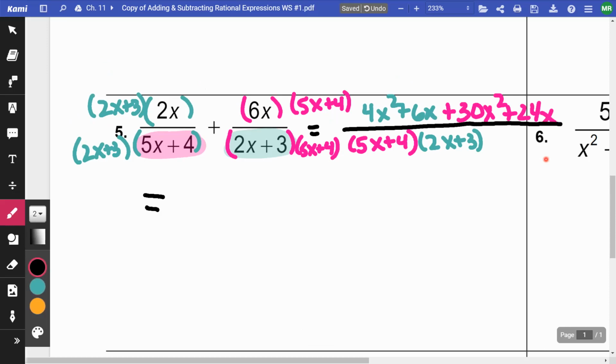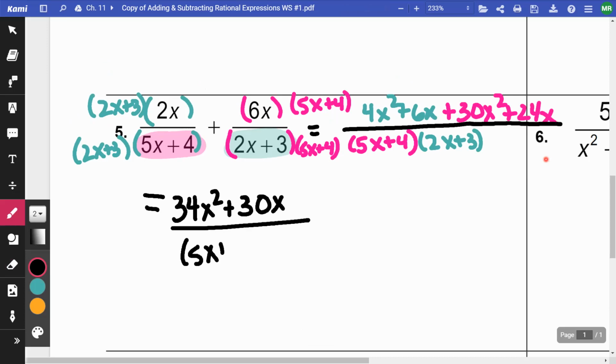And when I clean that up, I'm going to get a 34x squared plus 30x over 5x plus 4 times 2x plus 3.